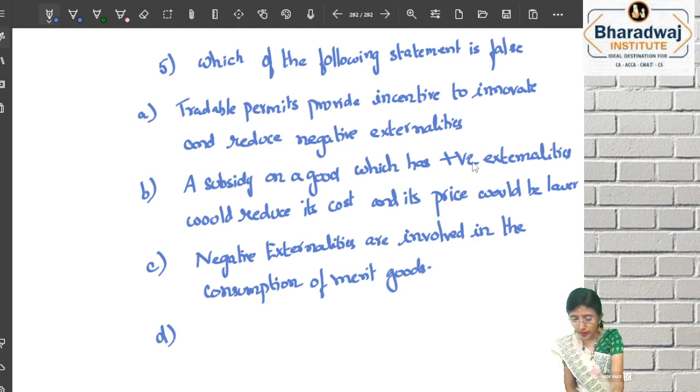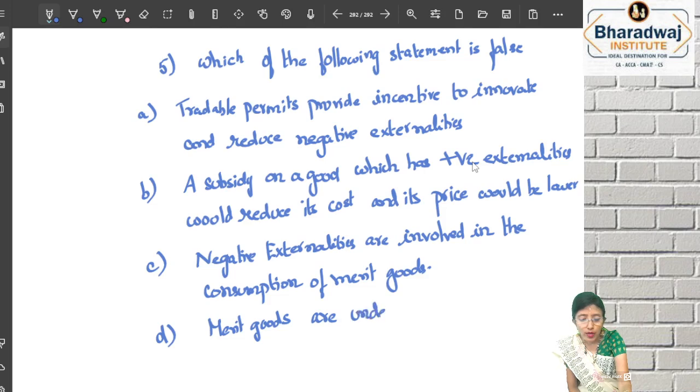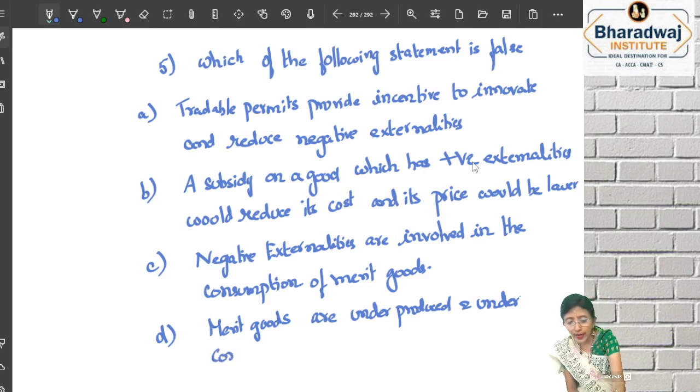Statement D: merit goods are underproduced and underconsumed through market mechanisms.